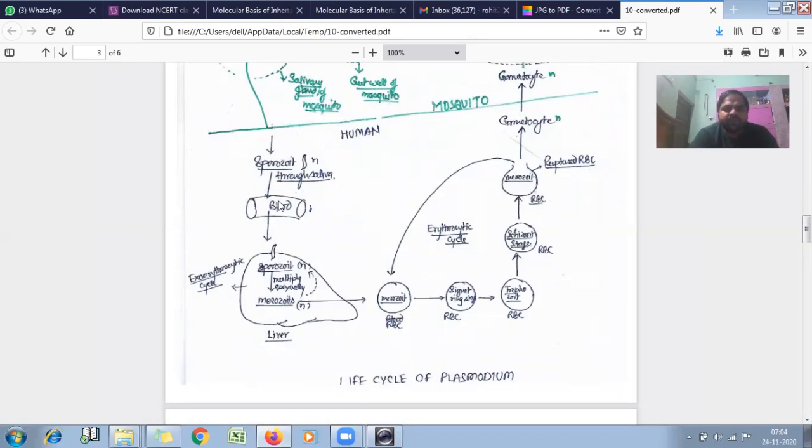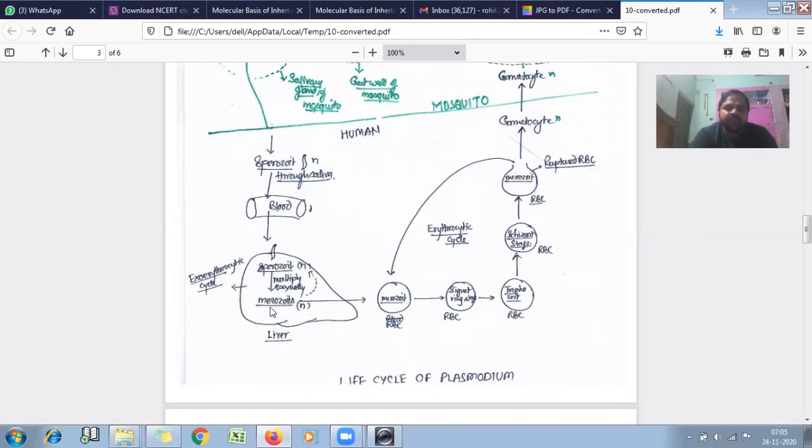Then through blood circulation, it reaches the liver of the human being, and it starts multiplying asexually, and several merozoite stages will be formed. Some of the merozoites will come into the blood, especially into RBC, and some will again form sporozoites.